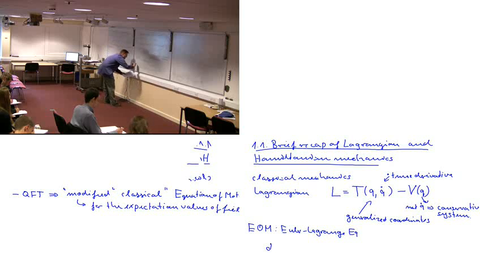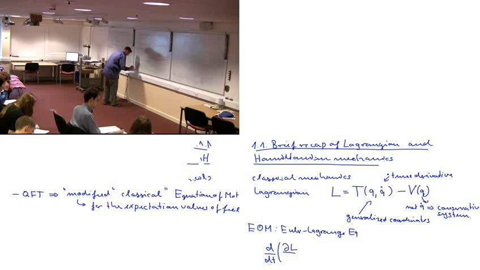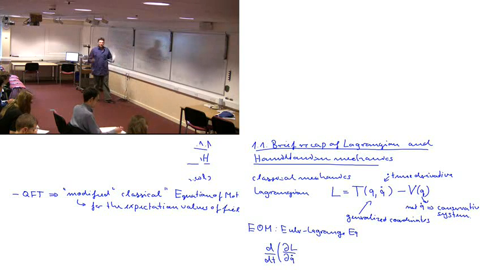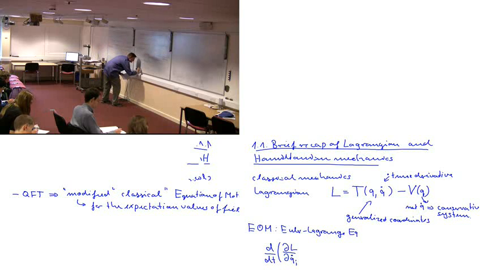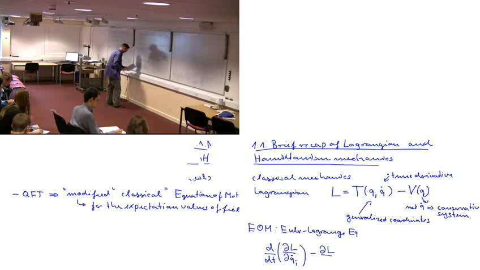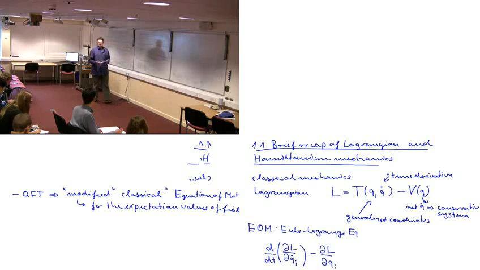They are simply given by the total time derivative of the partial derivative of the Lagrangian with respect to the generalized velocity, and of course we can have lots of coordinates, so lots of velocities, minus the partial derivative with respect to the spatial coordinates.